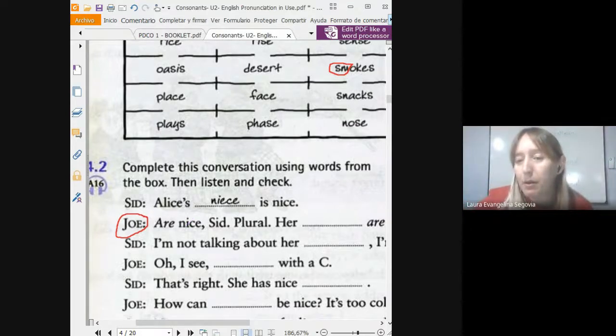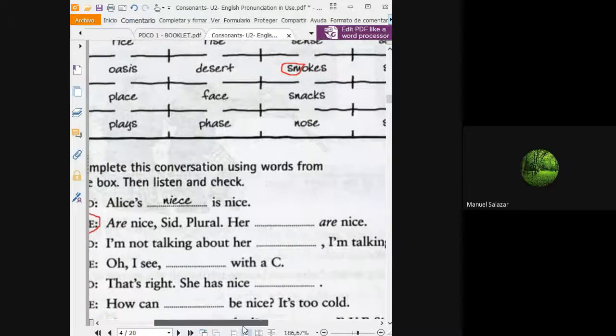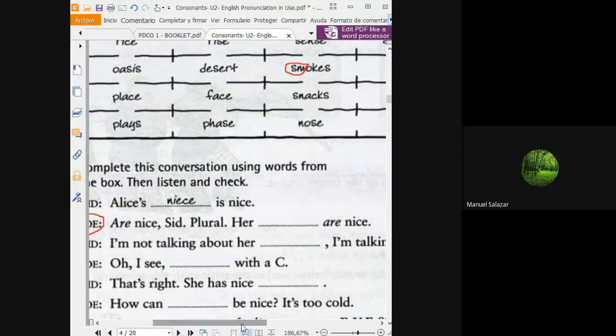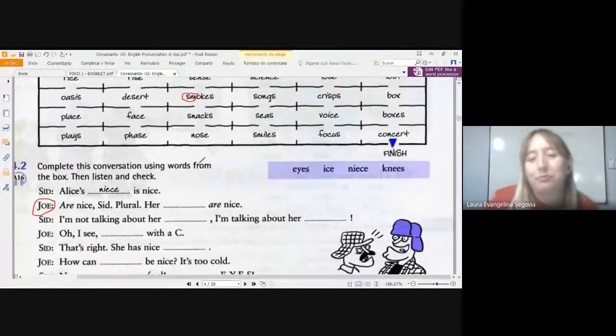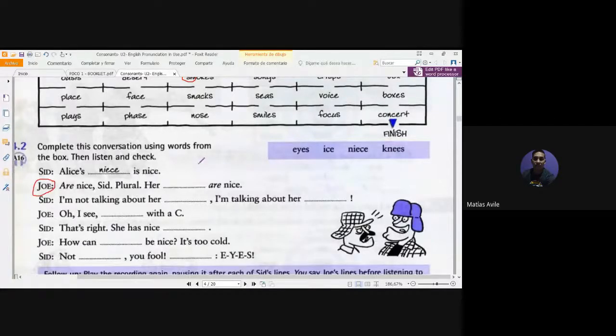Okay. Come on, Matias. Alice's niece is nice. Are nice, Sid, plural. Her niece are. Are what? Are nice. I'm not talking about her.